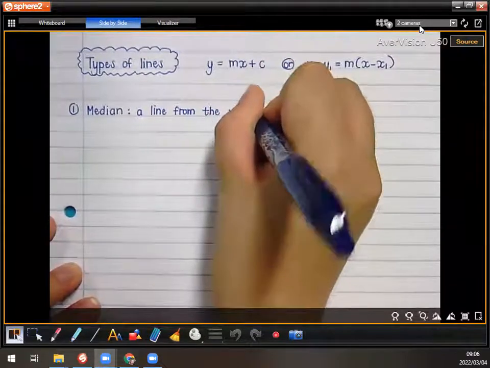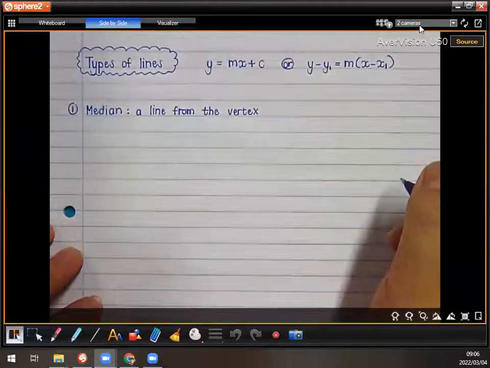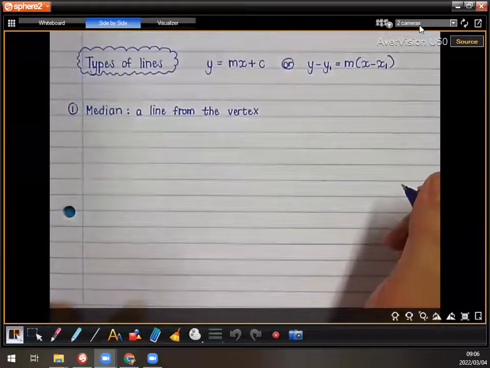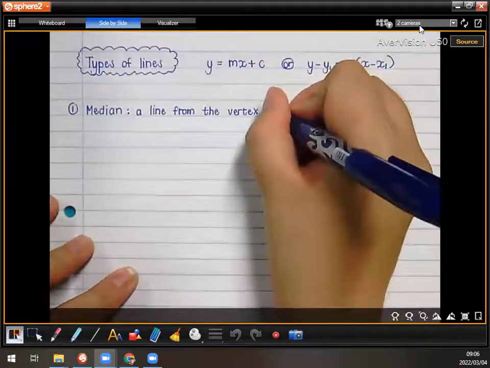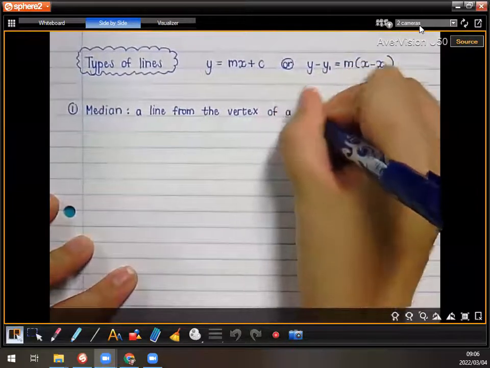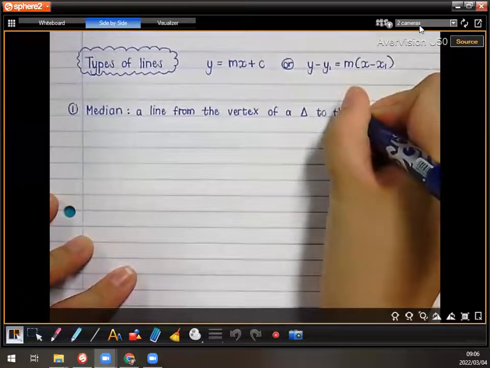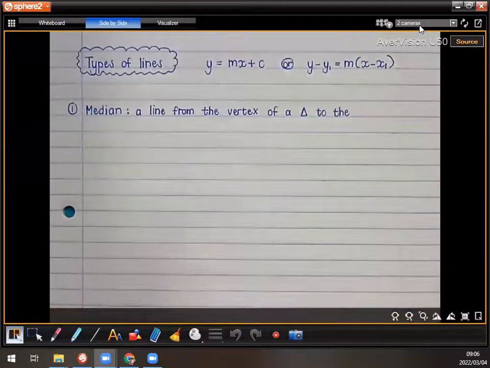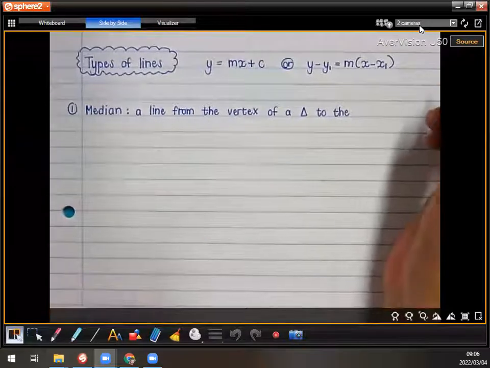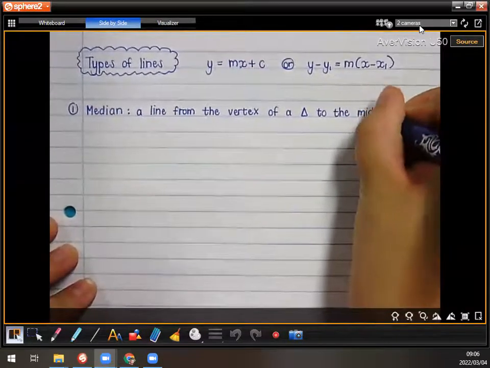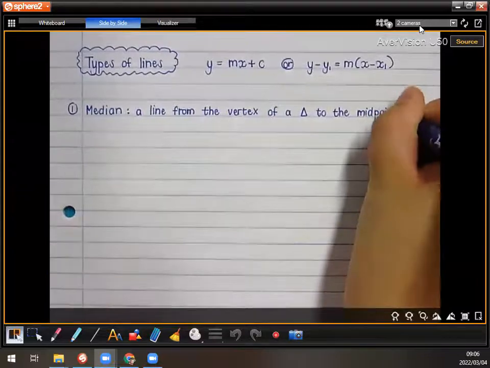Now, guys, how many vertices does a triangle have? How many points? 3. All right, so it can be from any one of those 3 vertices. A line from the vertex of a triangle to the middle value, the midpoint. So it's always from the vertex of a triangle to the midpoint of the opposite side.